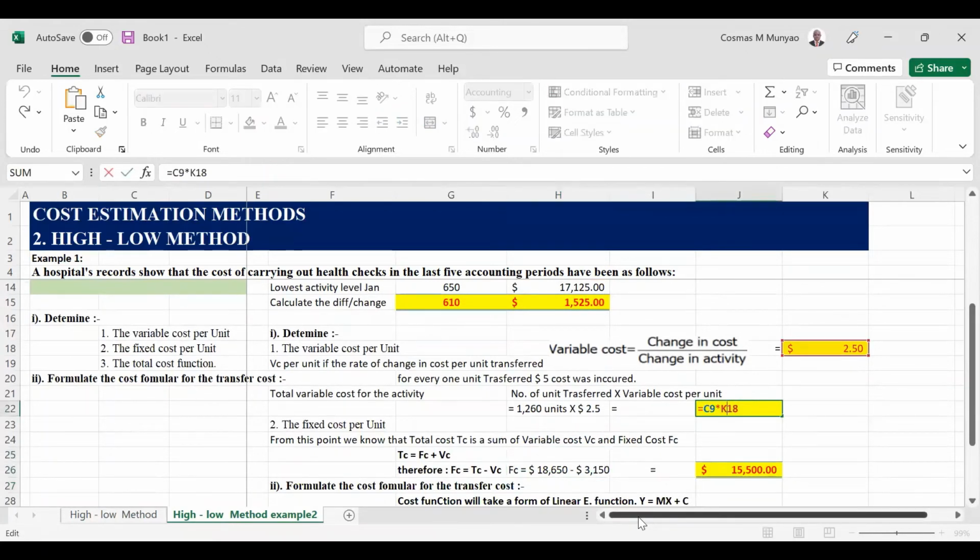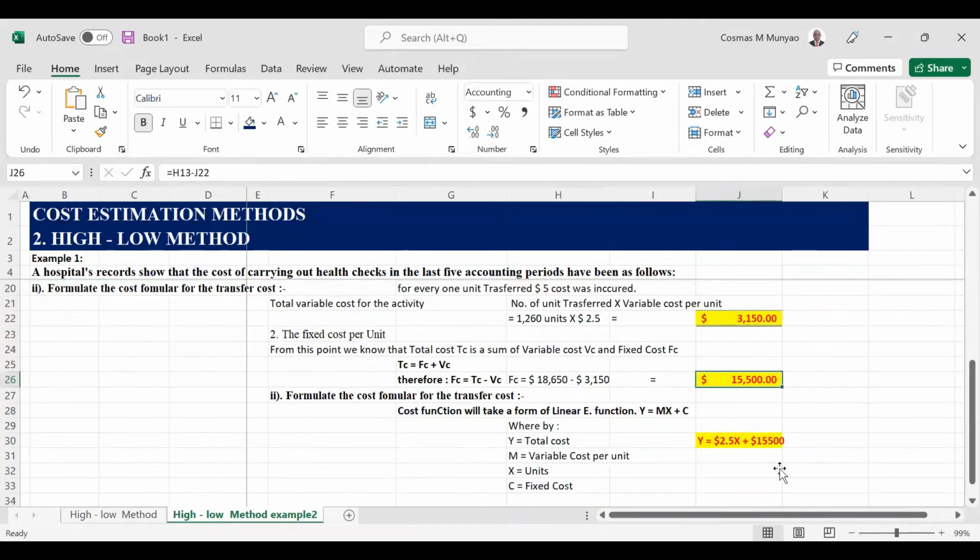This is what you are going to subtract. Then from there, you get the fixed cost. The fixed cost will be 15,500 US dollars. Then formulate the cost formula for the transfer.